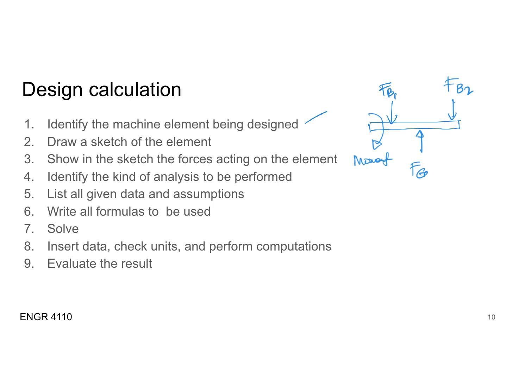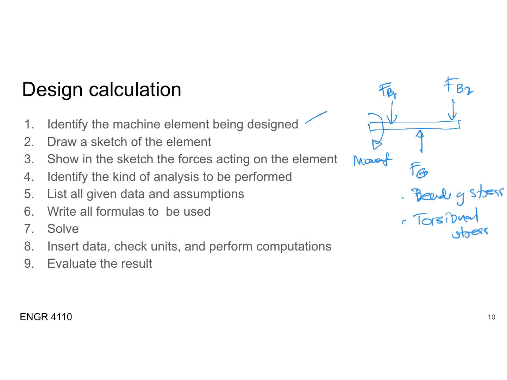Now that you have shown the forces acting on the element, identify the kind of analysis to be performed. So from strength of materials class, we could see that this one is subjected to bending stress and torsional stress.